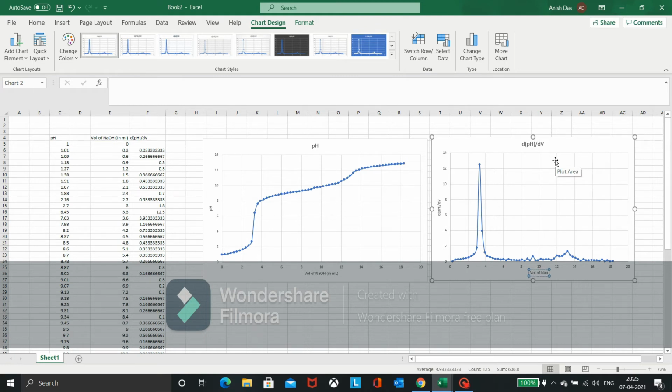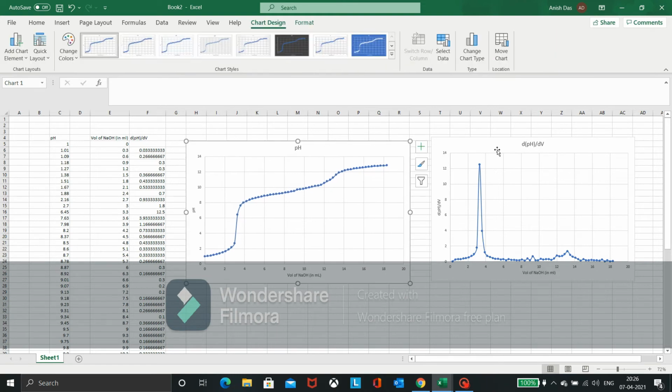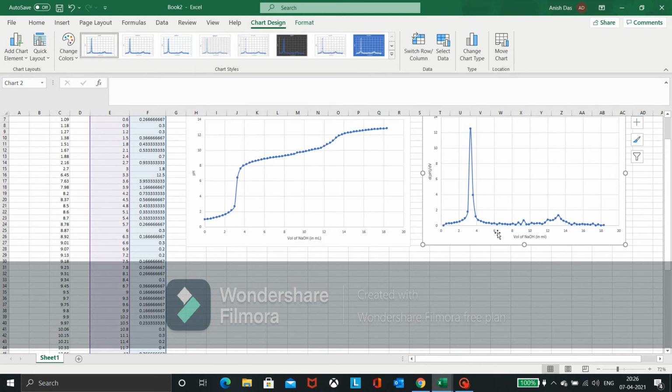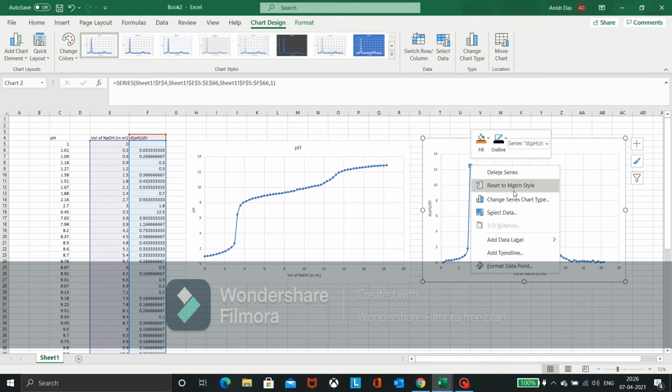On the x-axis is the volume of NaOH, and the peak here is 12.5, I guess. So let us check the pKa values now at total level.